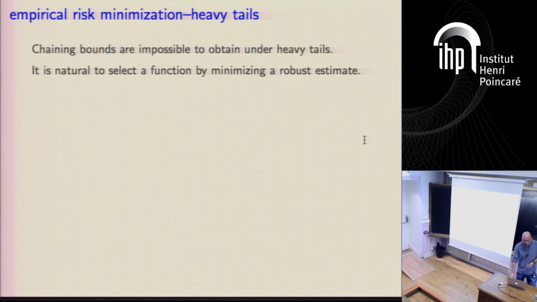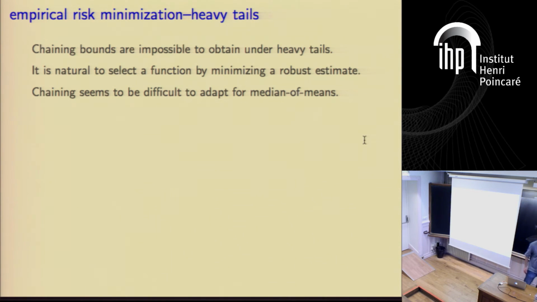Okay. So what can we do? Well, then we would like to use one of our smart estimates that are sub-Gaussian even for heavy tail distributions. Median of means is of course the first thing that comes to mind, but we couldn't make that work.